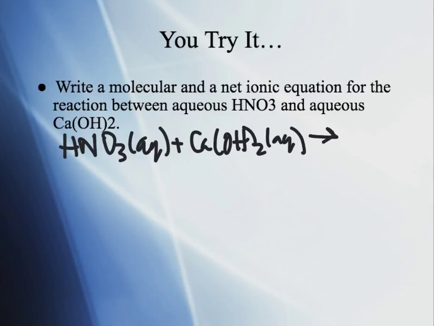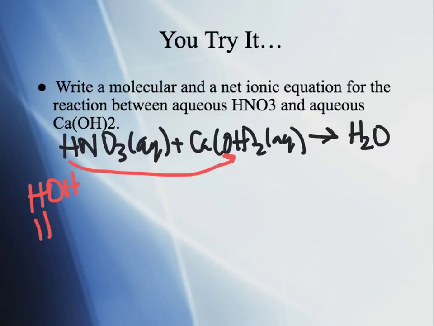And since this is an acid and a base, we always know that we're going to have water, H2O, and here's where it comes from. It's just like a double replacement reaction. H is going to drop the NO3 to hook up with OH, and HOH is H2O. So there's where our water comes from. And to figure out our dissolved salt, we take a look at calcium.